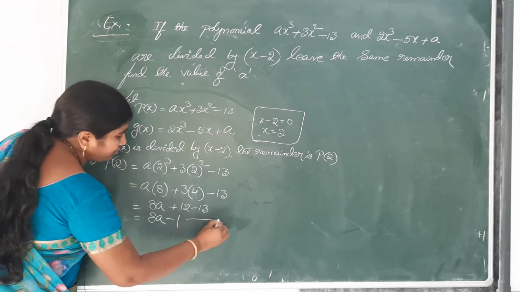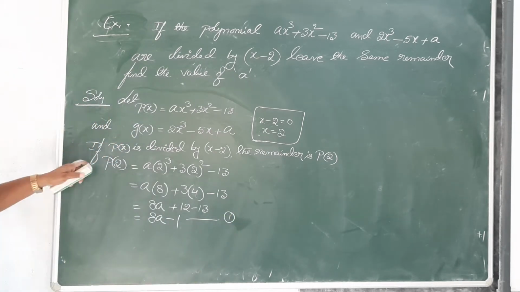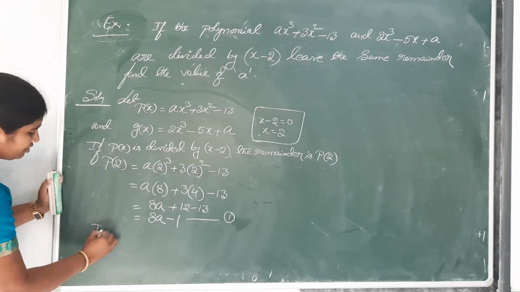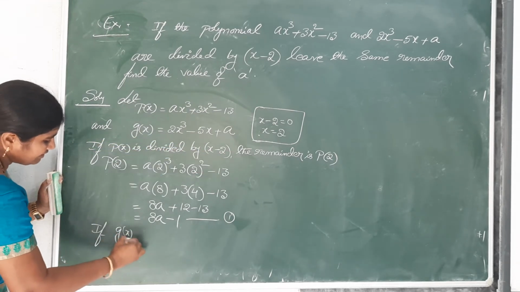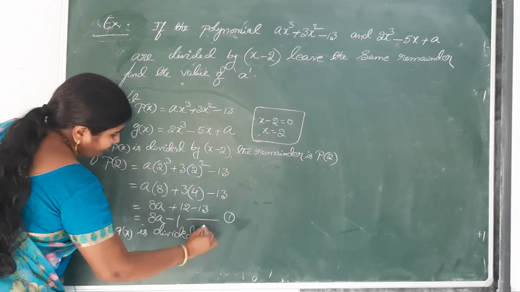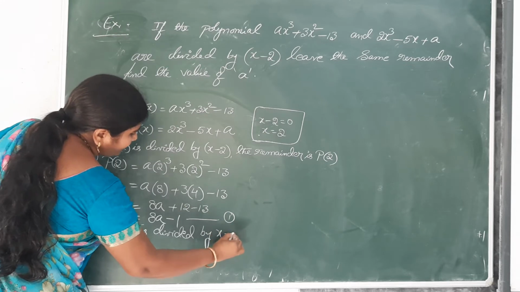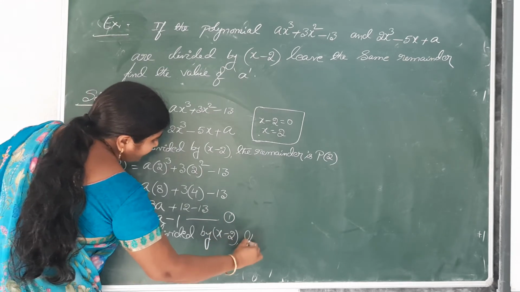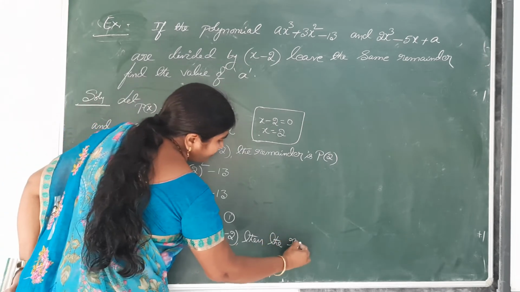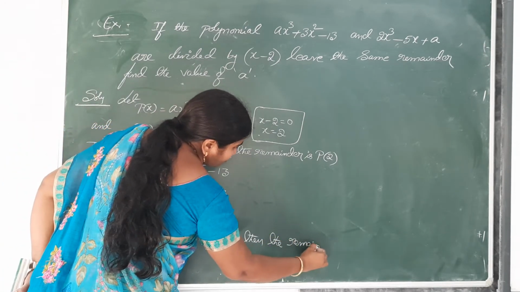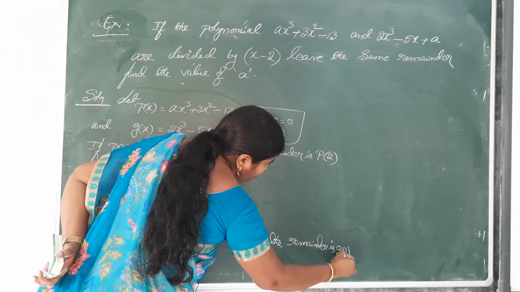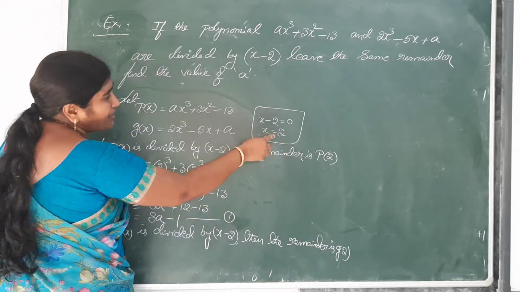This is equation 1. If g of x is divided by x minus 2, then the remainder is g of 2, since the zero of the polynomial x minus 2 is 2.